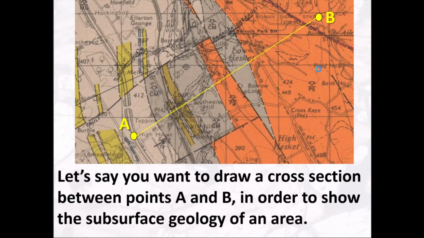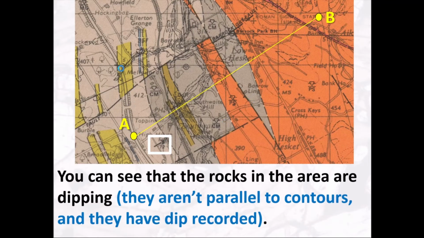And then these orange are the Penrith sandstones, rather. And let's say that we wanted to draw a cross section between points A and B in order to show the subsurface geology. Okay, immediately what we can see is that these rocks are forming these strip-like outcrops.